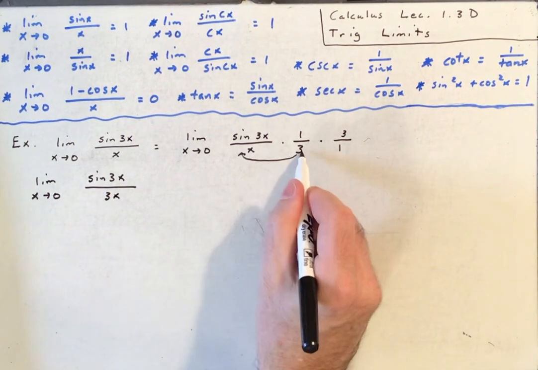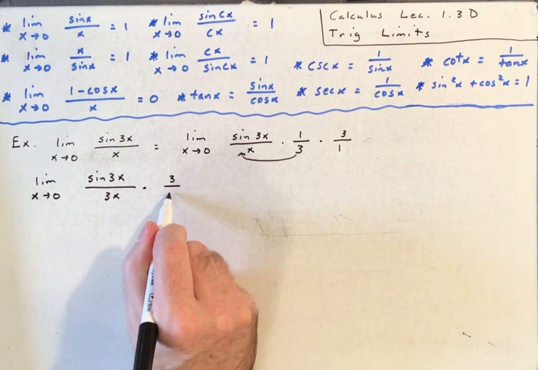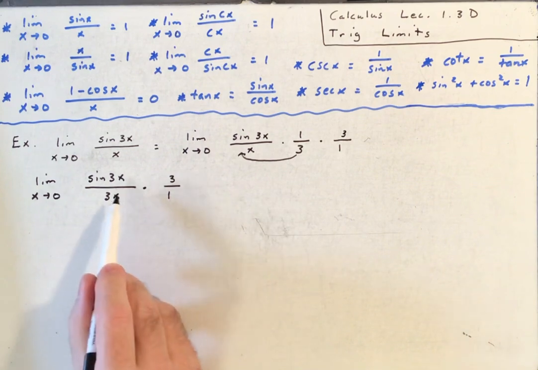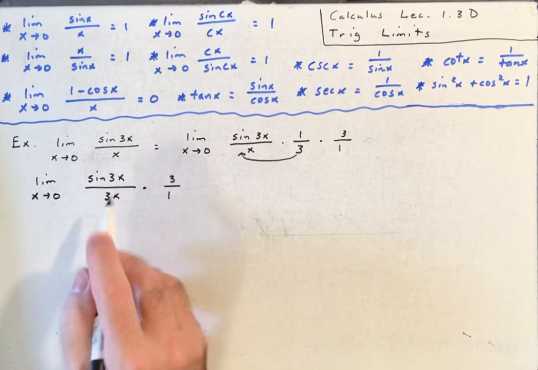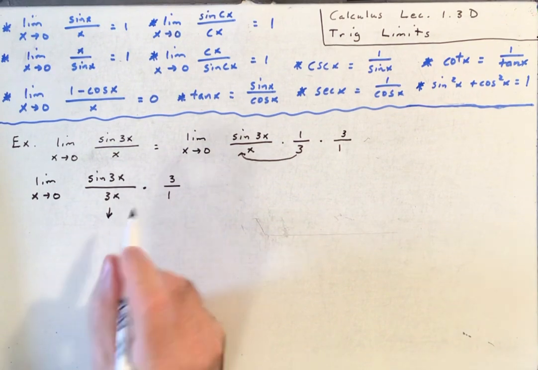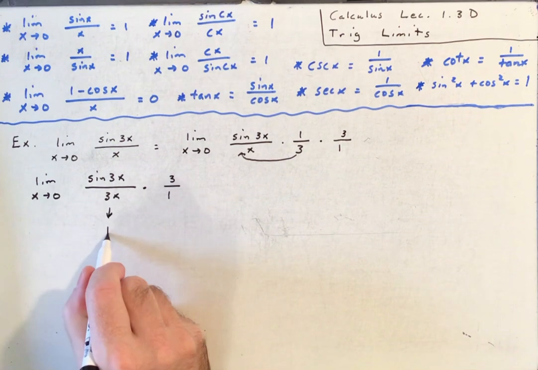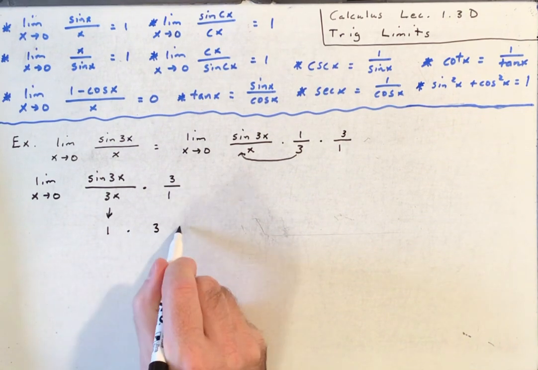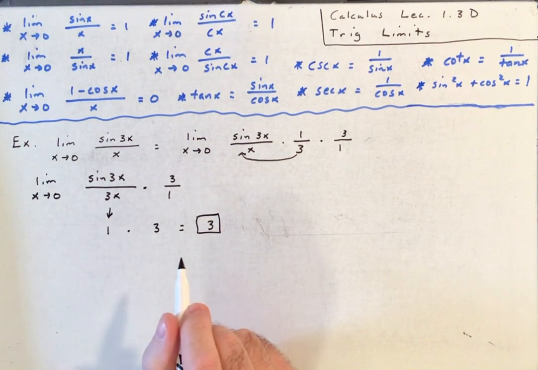I went ahead and brought that 3 right there. And I'm just going to leave this 3 over 1 separate. So that's just the same thing as this. I've just rewritten it. Well, the sine 3x over 3x, we have an identity for that. That's 1. So this would be 1 times 3, and that is 3. So the answer to this question is 3.